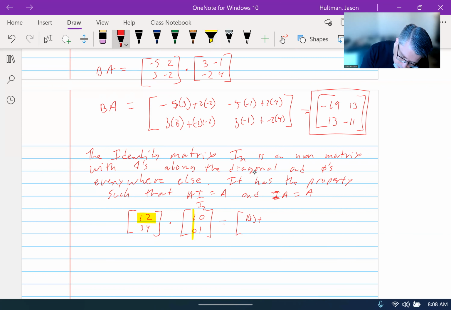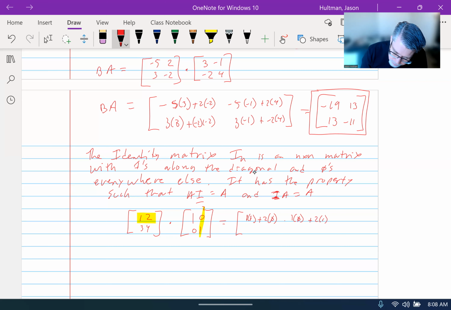Notice the only thing that survives in this computation is the 1 right there. Let's go to the next column. The only thing that survives there is 1 times 0 plus 2 times 1.